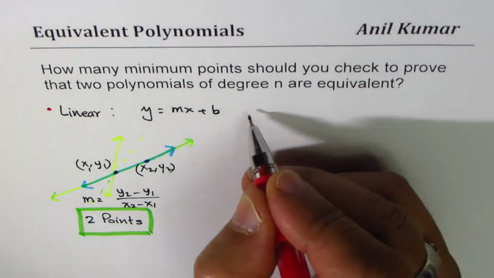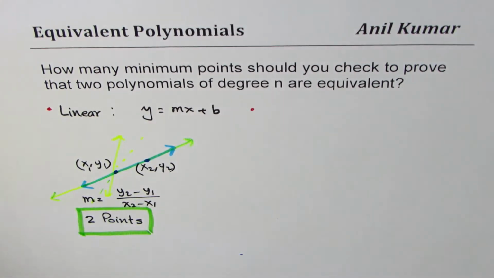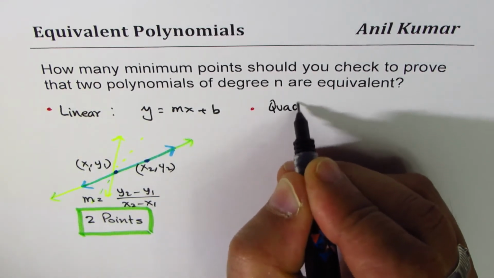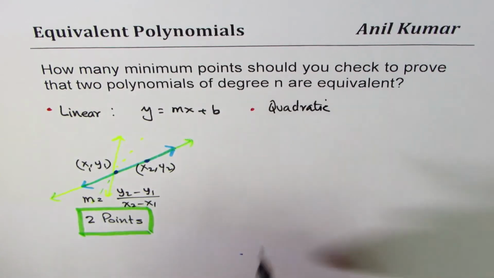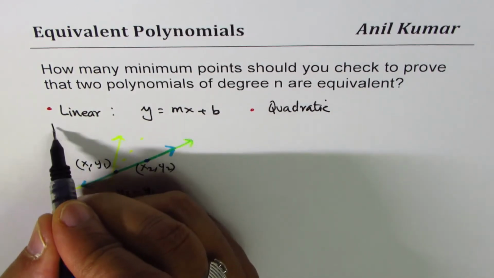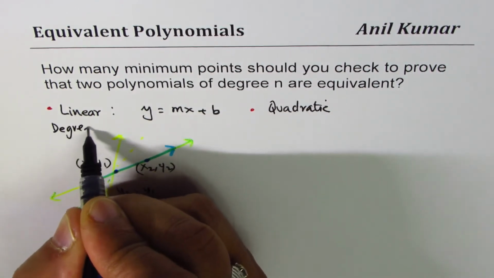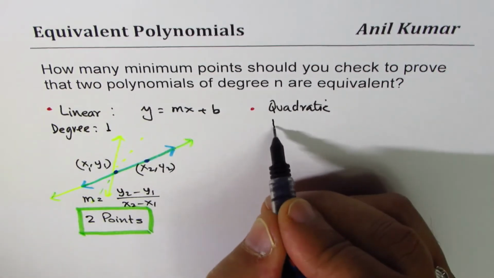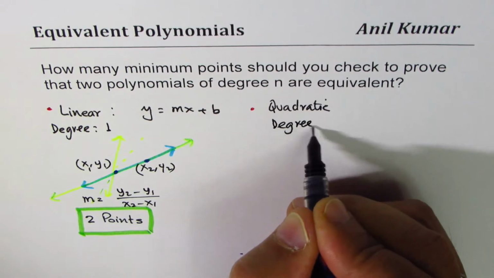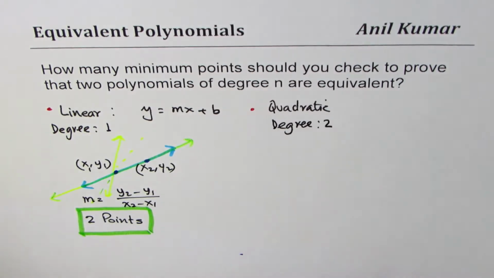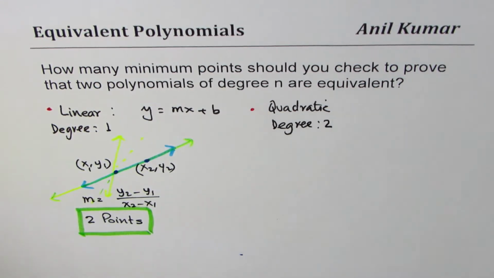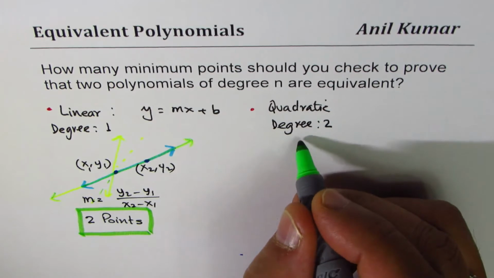Right? Now let's talk about a quadratic function, degree 2. So this linear is degree 1, now degree 2. As you know about parabolas, let me sketch one here.